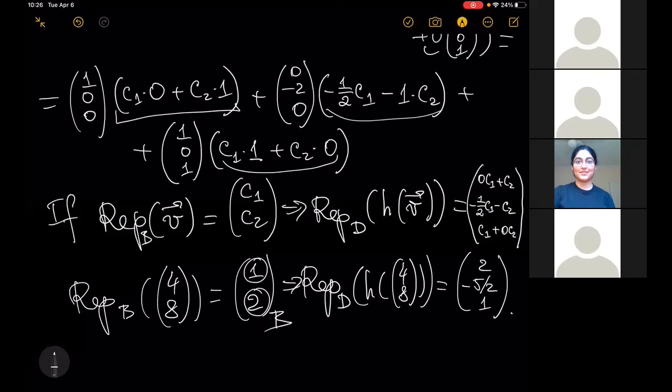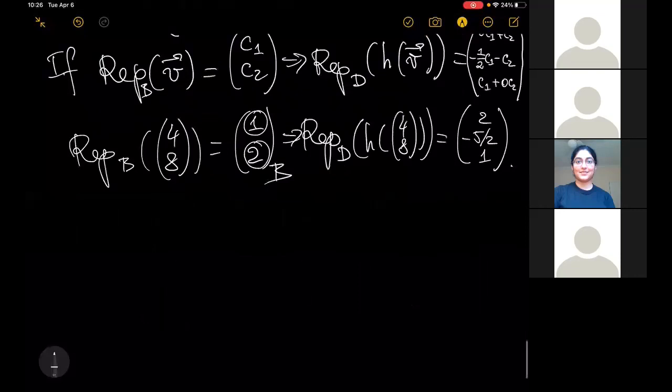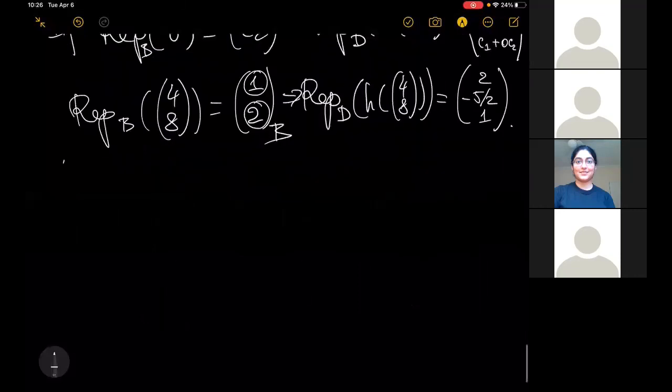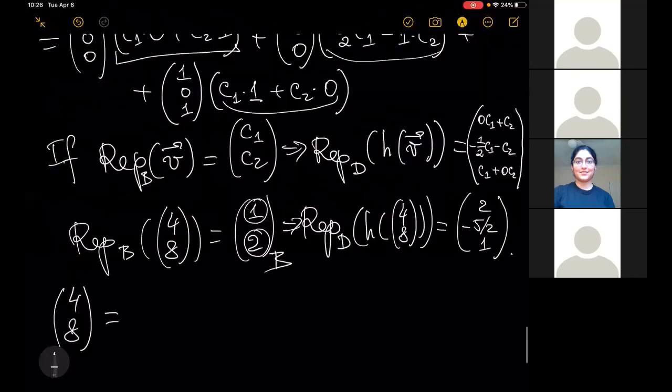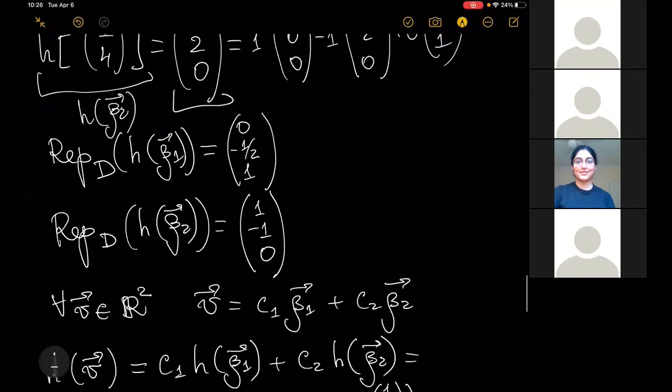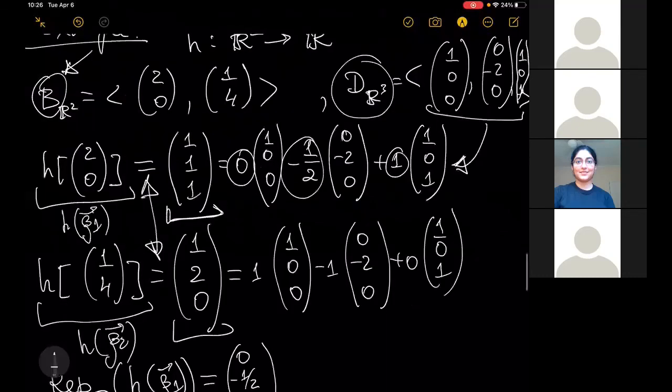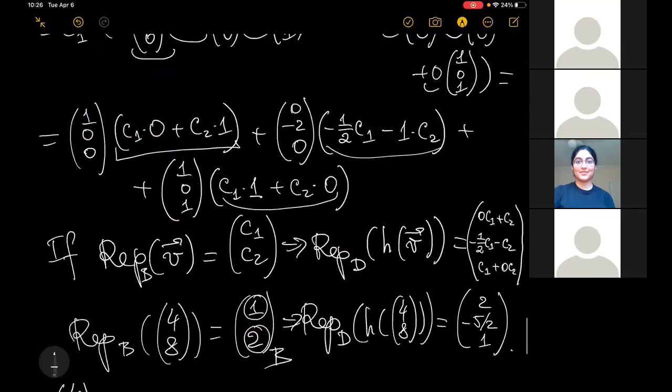I think it's clear, but for that last little part, the representation of the vector 4, 8 is 1, 2. Is that also just something that we're given, or is that something that you compute? Here it is. We have the vector 4, 8, right? In R2. So the basis is 2, 0, 1, 4, right?